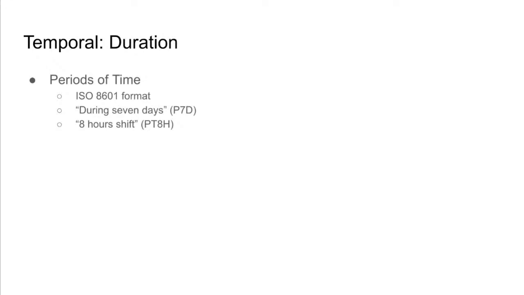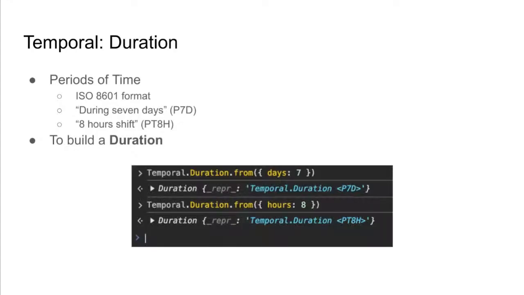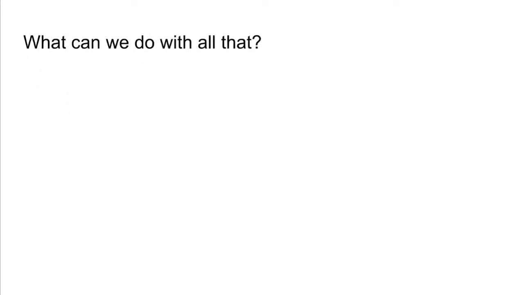Or for an 8-hour shift, a period of time of 8 hours, we can read it that way. And how do we build a duration? We use the Duration constructor, where we pass an object representing the subunits of time we want to apply a duration for. So those are the Duration objects that represent the examples above.